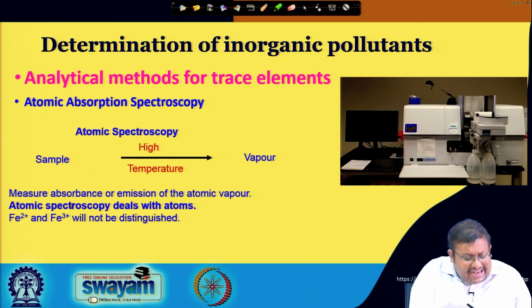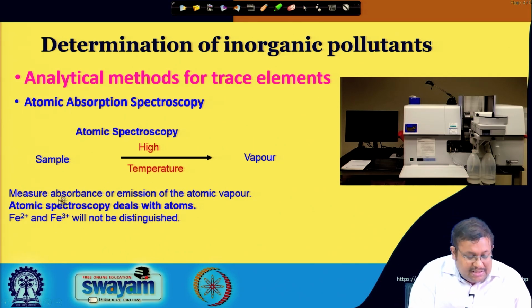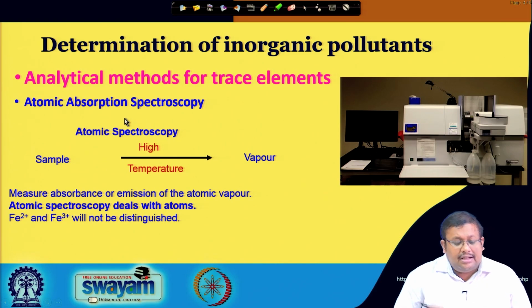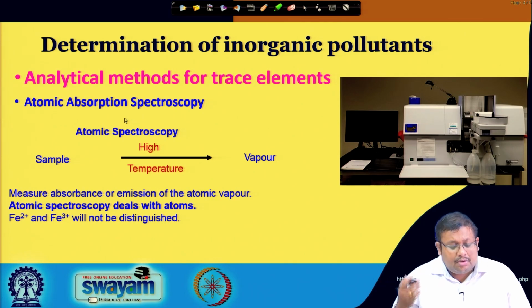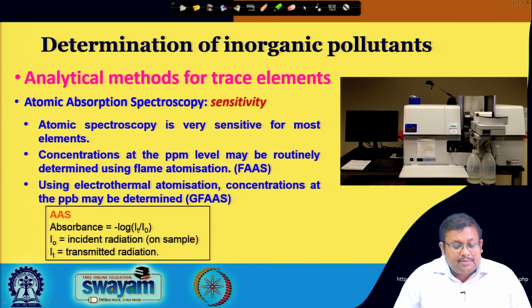Atomic spectroscopy deals with both, but in AAS we are specifically concerned with absorption. It deals with atoms, so we cannot distinguish Fe2+ from Fe3+. This is the principle of atomic absorption spectroscopy.